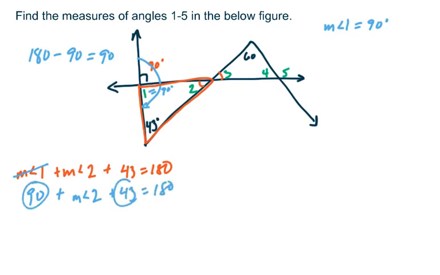So I combine my like terms, and I get 133 plus the measure of angle 2 is equal to 180 degrees. If I subtract that 133 from both sides, then I get 47 degrees. So the measure of angle 2 is 47 degrees.